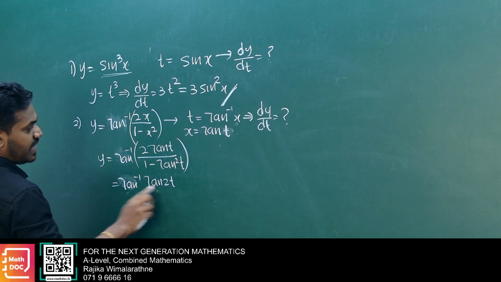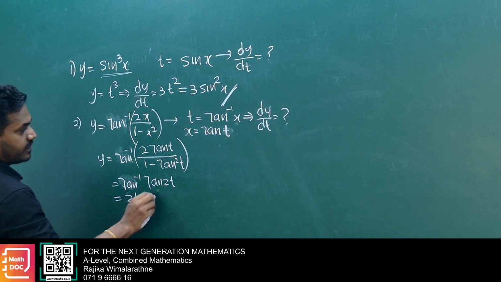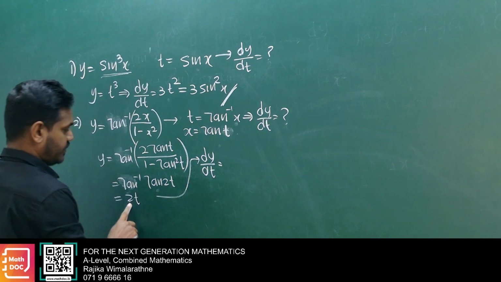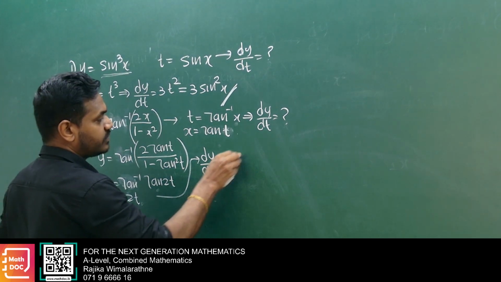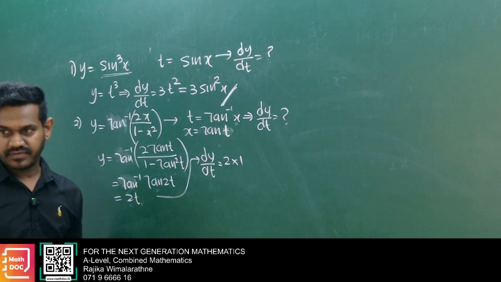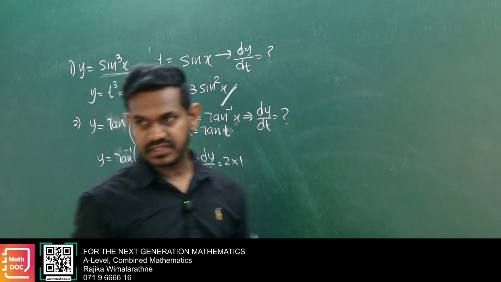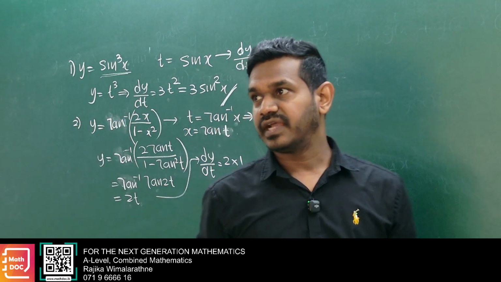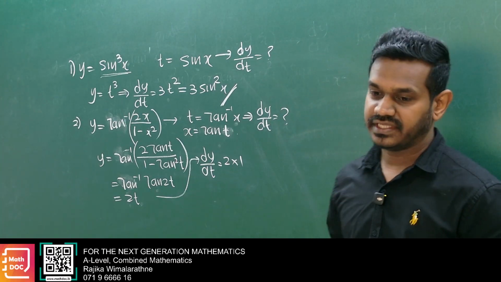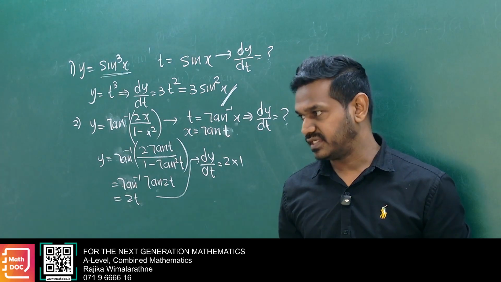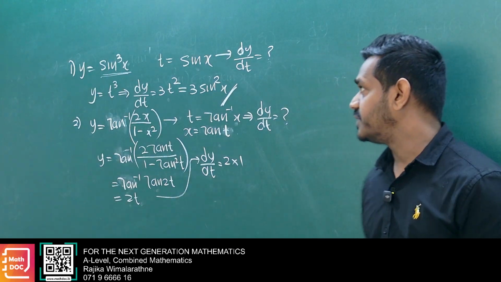Then tan inverse of tan 2t gives 2t. Then dy by dt equals derivative of 2t, which is 2 times 1. Here we can easily substitute the variable t, and then we can easily differentiate. By substituting, we can differentiate that. Do with me.